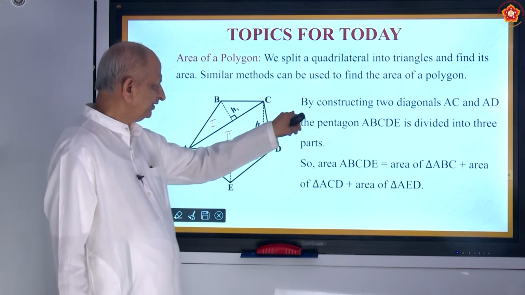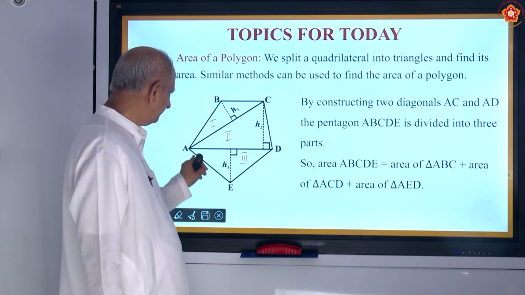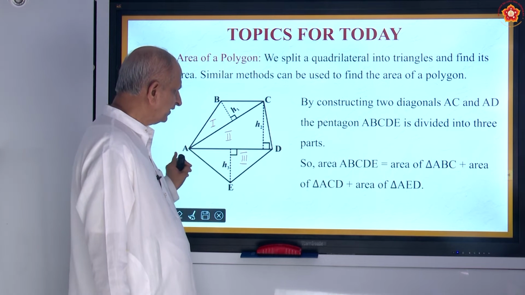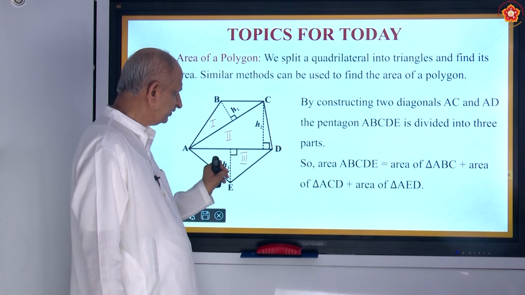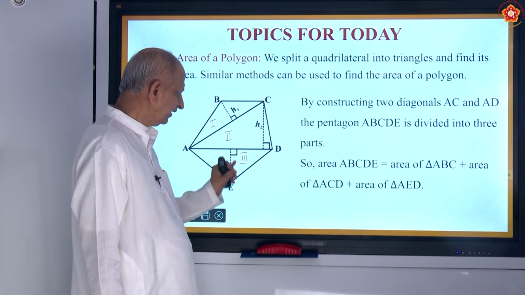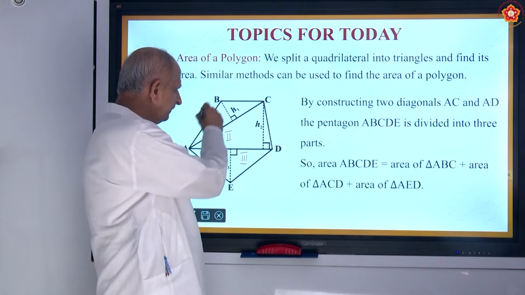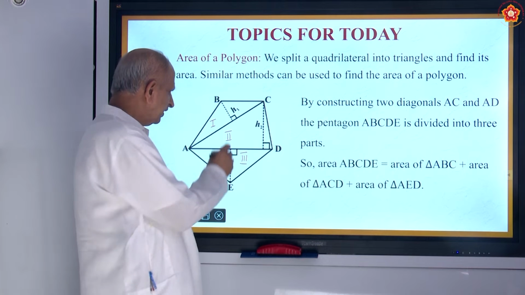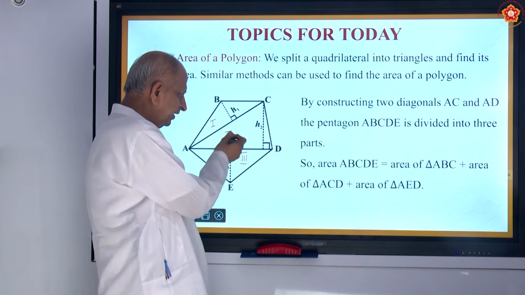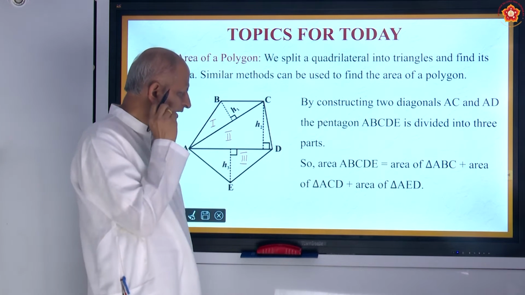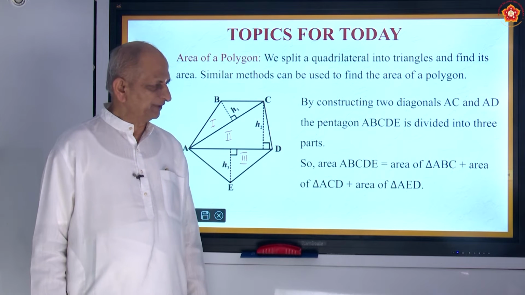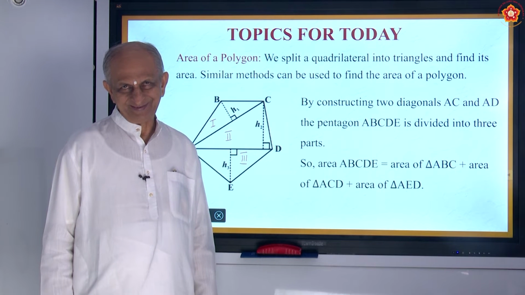So by constructing 2 diagonals, AC and AD, AC is a diagonal, AD is another diagonal, pentagon ABCDE is divided into 3 triangles. So area of ABCDE means area of ABC, area of ADC and area of AED. So all the 3 together become the area of the pentagon.